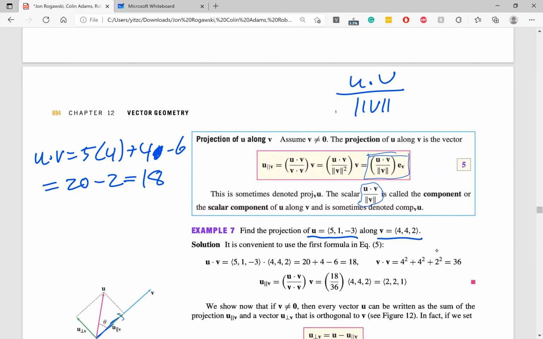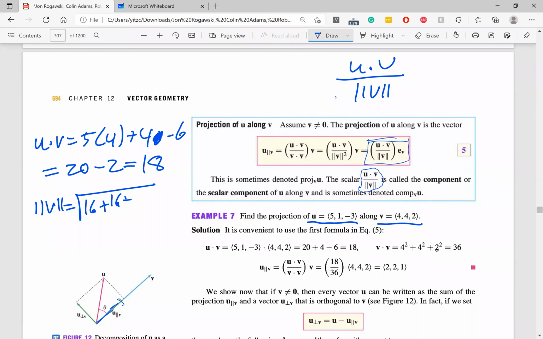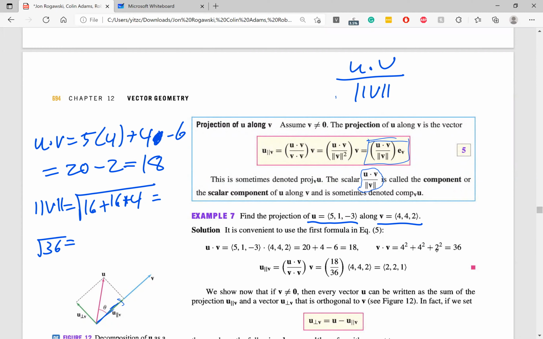So what is the magnitude of V? So the magnitude of V is the square root of 16 plus 16 plus 4, which is the square root of 36. So the magnitude is 6. So we have 18 for the dot product and 6 for our magnitude.